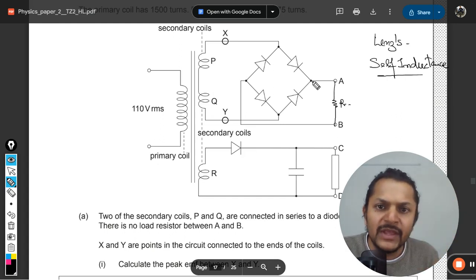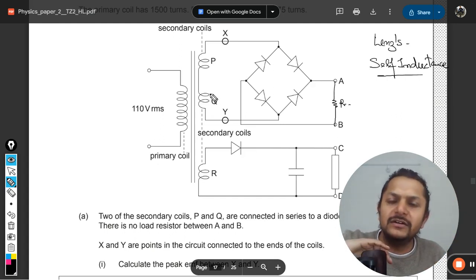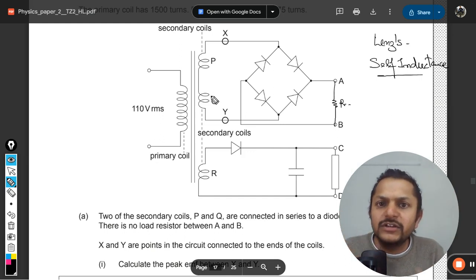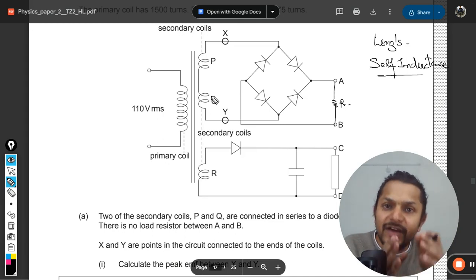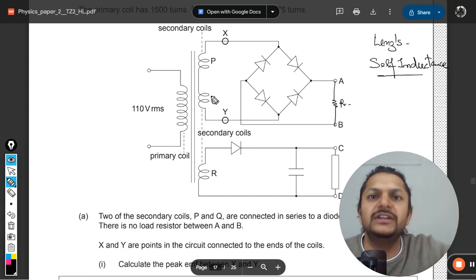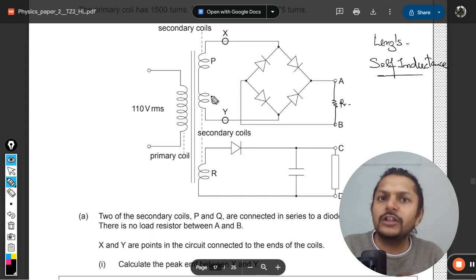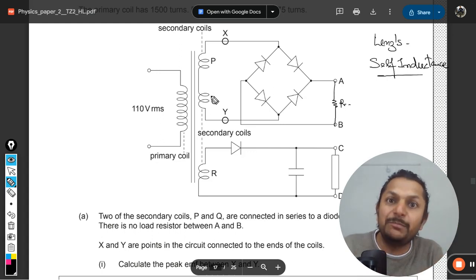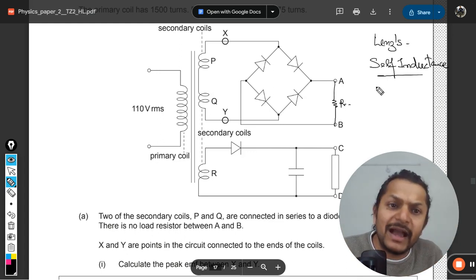When the current starts flowing, because of the current, Lenz says that flux will be induced, isn't it? And when the flux of the coil changes, there will be another induced current that will try to stop that change. So overall the voltage will reduce because there is a kind of backfire voltage, you can say. There's back EMF. Yes, the word is back EMF.